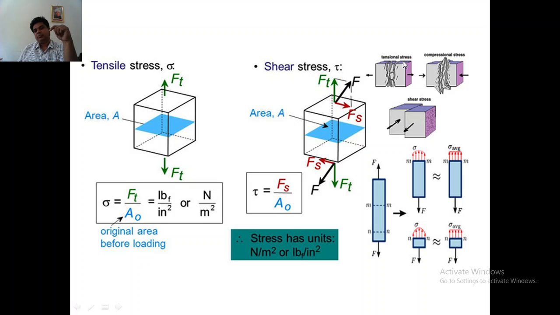And in normal stress we have tensile stress and compressive stress. And in shear stress we have only the shear stresses, where the stress will be acting in a transverse direction. So shear stress is in the transverse direction, whereas the normal stresses, tensile and compressive stresses, are axial stresses. They are acting along the axis of the material.